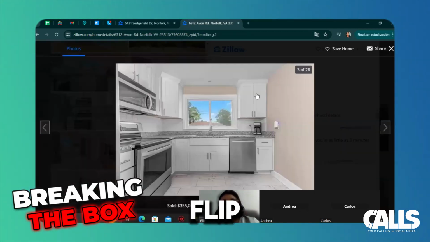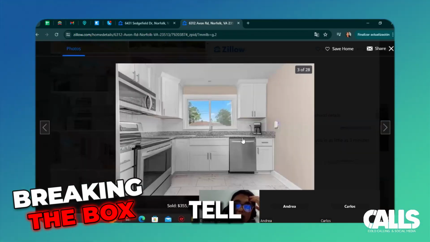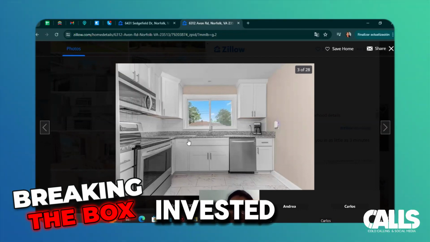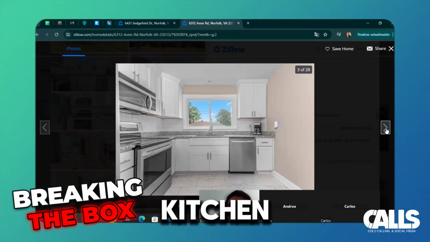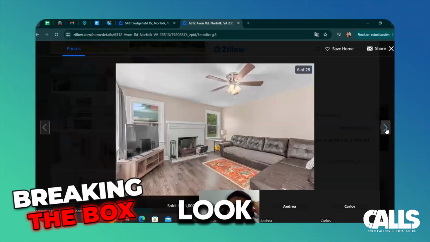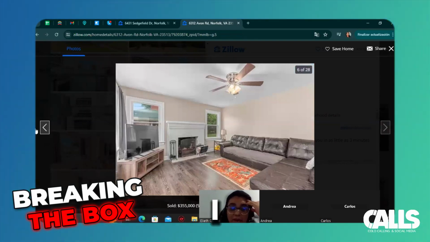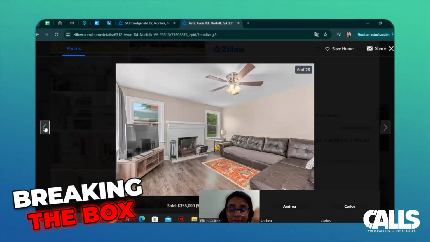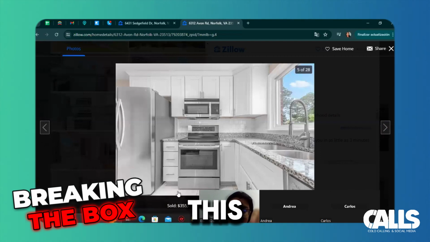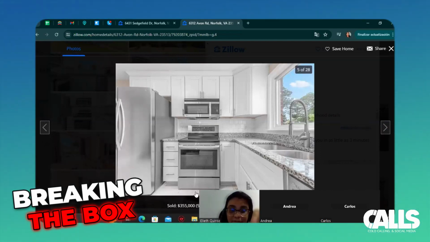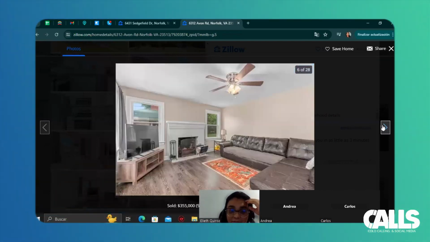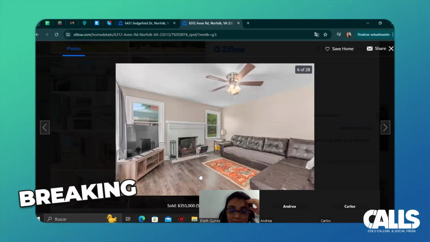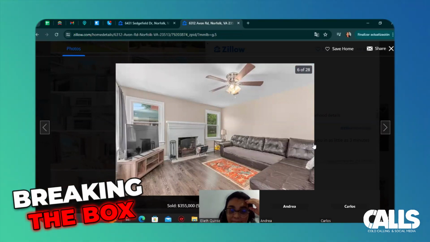Right now, this is a fix and flip. You can tell someone invested a lot of money on this kitchen. Look at this. Just the kitchen. This is style. It's different, like a marble thing.